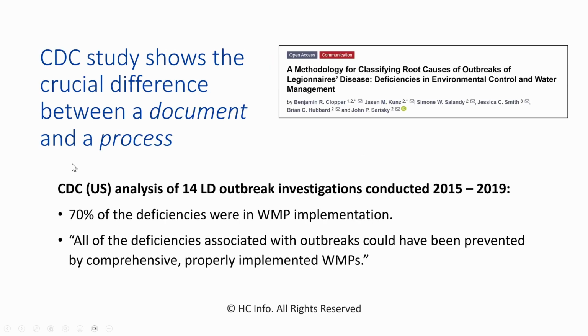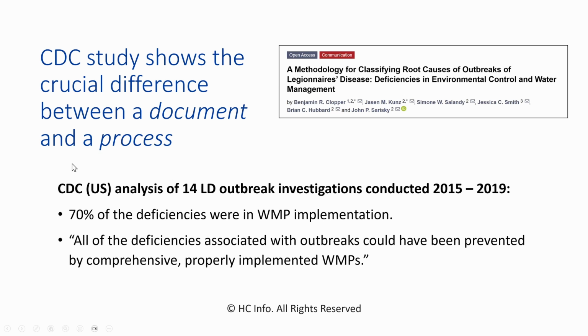So the CDC did a study as well looking at data for 14 outbreaks that occurred from 2015 to 2019. And they found something similar, that implementation of a water management plan was really significant. And so they emphasized in that paper the difference between a water management plan document and a water management program process.